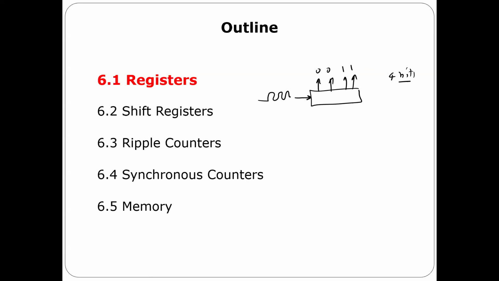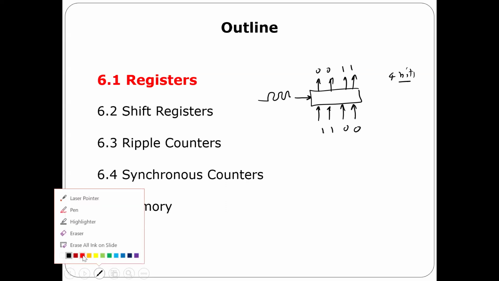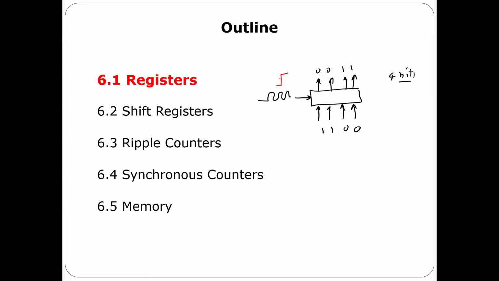Make sense? Also, this register should have 4 inputs as well. For example, if I put 1100 in the input, that means every time a clock comes, for example, if this one works on the rising edge, then every time there is a rising edge, whatever you have here will be stored here.